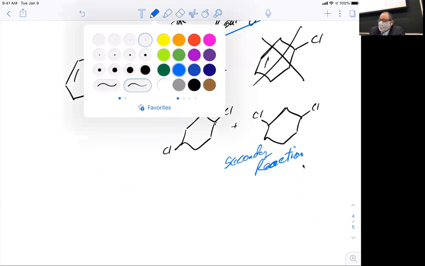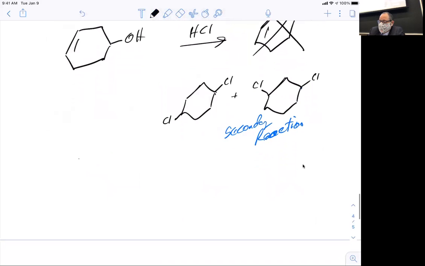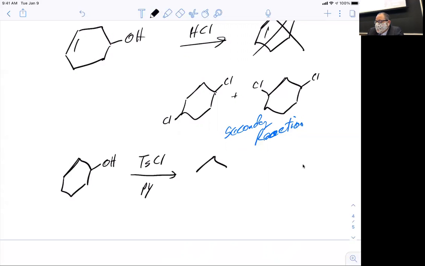We could be more systematic about the conversion. At the first step, we could convert that with something like tosyl chloride. Remember, activation of alcohol to the tosylate. And then we could do an SN2 type reaction to get the chloride or anything.